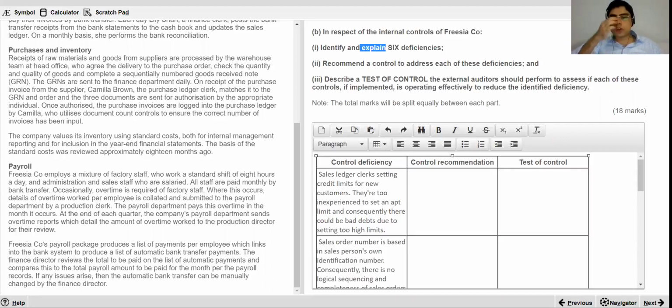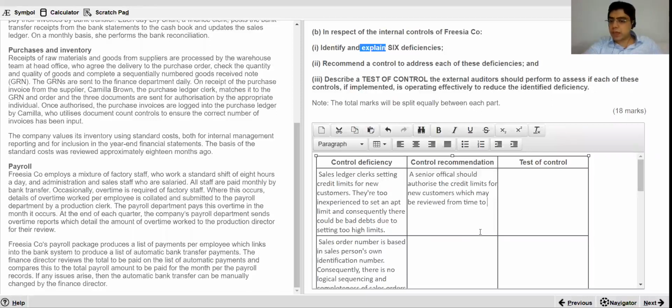So what should happen is that, for example, in the case of the sales ledger clerk setting up credit limits, a senior official should authorize the credit limits for new customers, which may be reviewed from time to time.